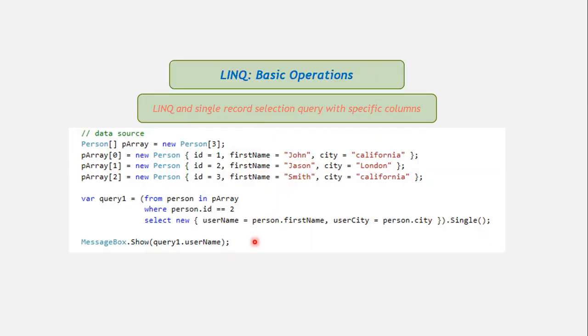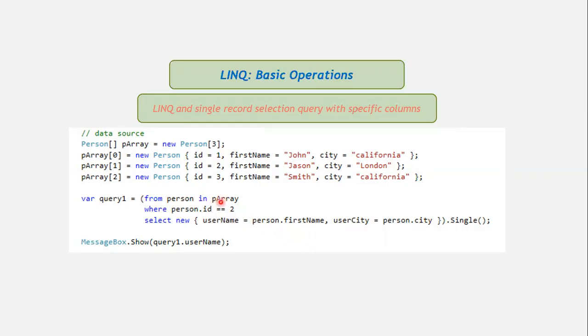So in this query, we have used the Single method to return a single record and to perform immediate execution. But again, we have written here the code to select only a few columns of that particular object that will be the result of the execution of this query.